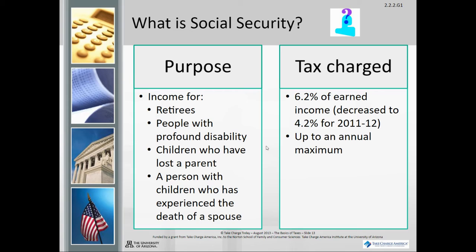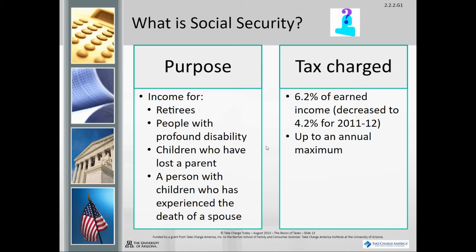So, some reasons why people might receive Social Security money are if they are retired, which is generally over the age of 65, but there are ways to get it when you're younger. If they have a profound disability and therefore cannot work, they can receive Social Security for that. Children who have lost a parent, and those are called survivors benefits, and also a person who loses a spouse when they have children to support.